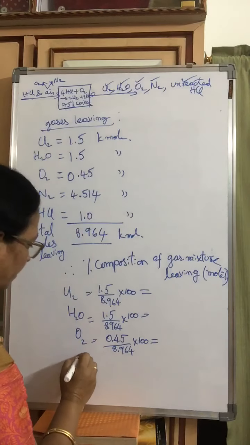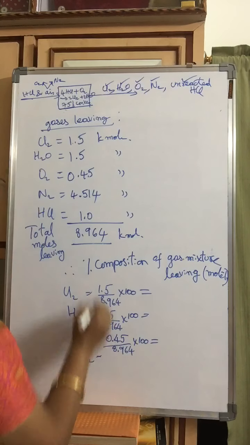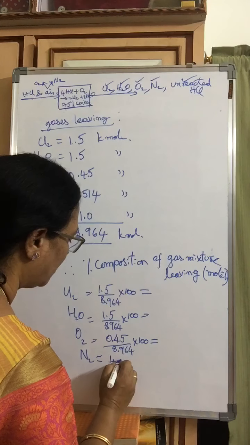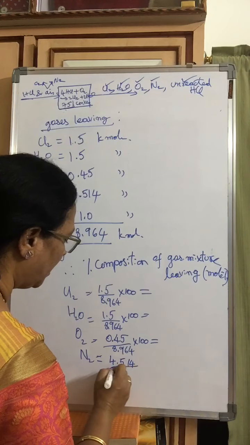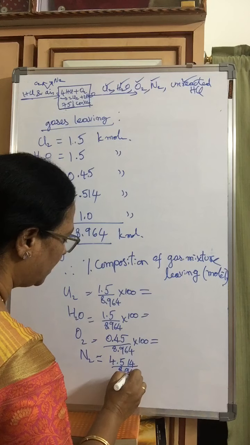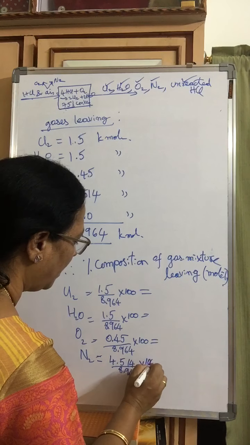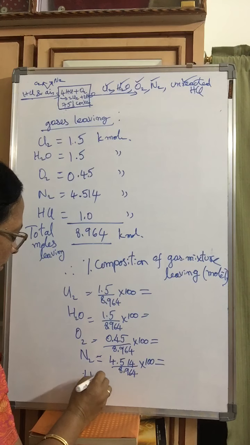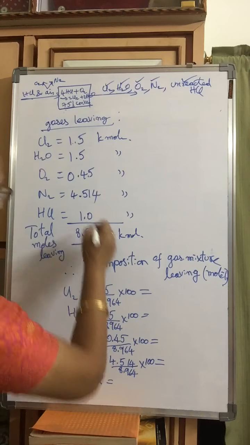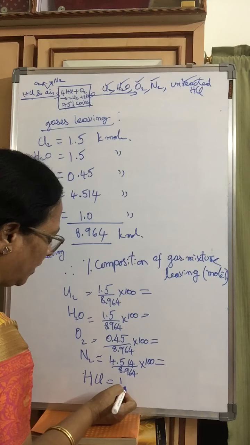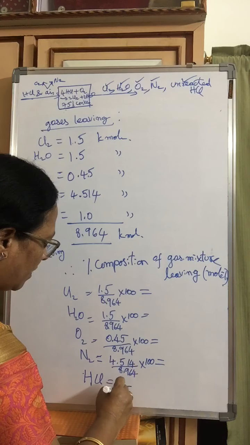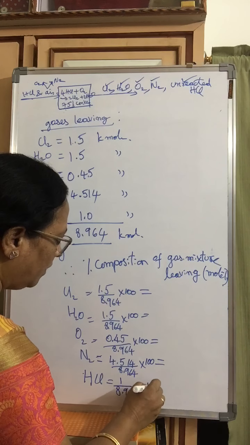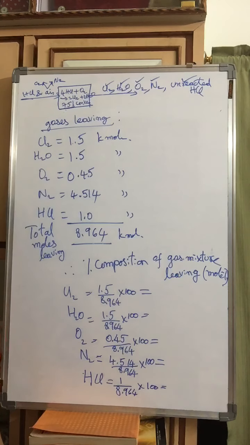Nitrogen is 4.514 by 8.964 into 100. HCl is 1 divided by 8.964 into 100.